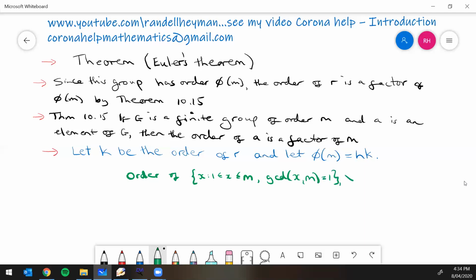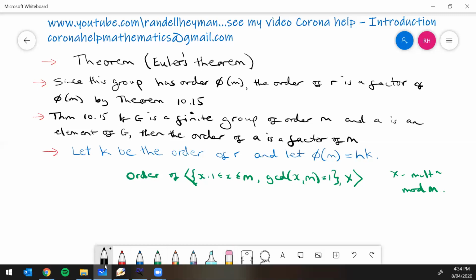And we had the multiplication modulo M, and that was actually the group. Whoops. Let's write the group symbol there, and I'll just put here multiplication mod M.